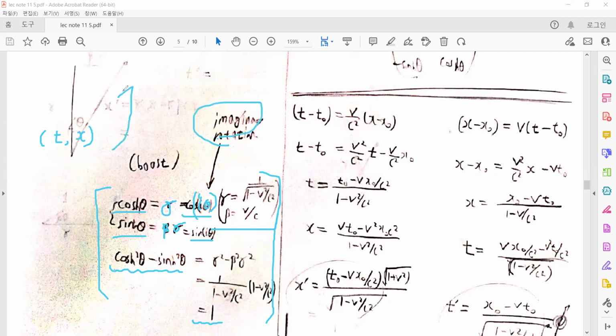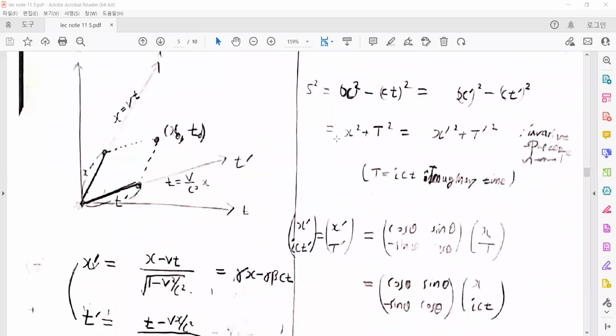The geometrical view of the space-time diagrams we already showed on the previous page. And from the imaginary angle, we can study the invariant space-time interval. So r squared equals x squared minus t squared, and it is invariant under such Lorentz transformations with the prime notations for x and t.